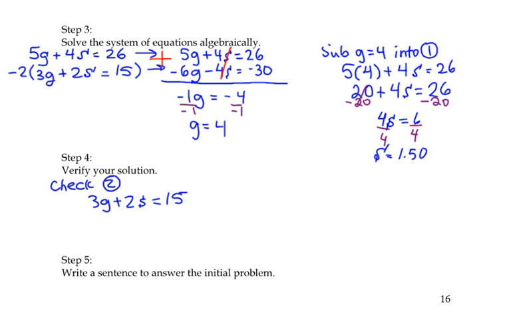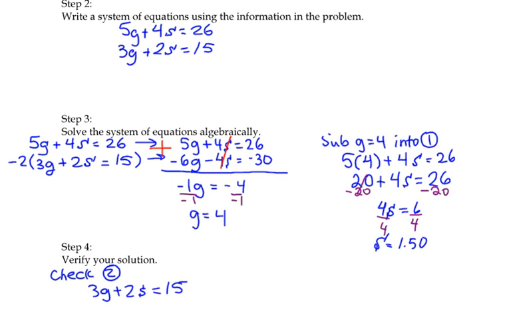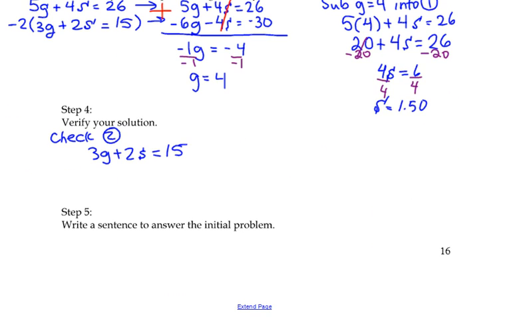Sorry, to check, you have to use the original, because what if you made a mistake in changing the formula? All right, so 3 times 4 plus 2 times 1.5. What's 3 times 4? 12. 2 times 1.5 is 3. 12 plus 3, 15. Check.